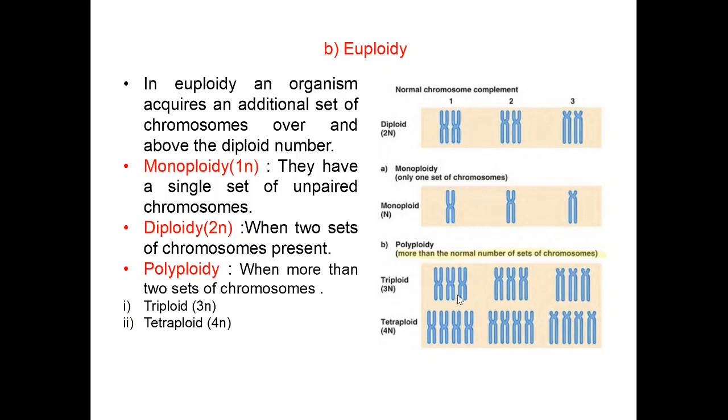Then tetraploids. They have four sets of chromosomes. Pentaploids have five sets of chromosomes. Similarly, hexaploids have six sets of chromosomes. So this is euploidy. Generally, it is found in plants.